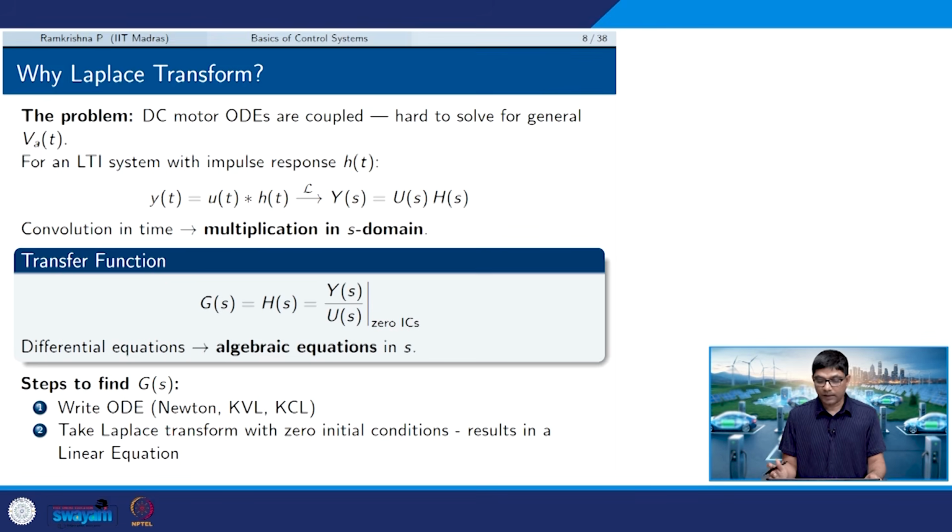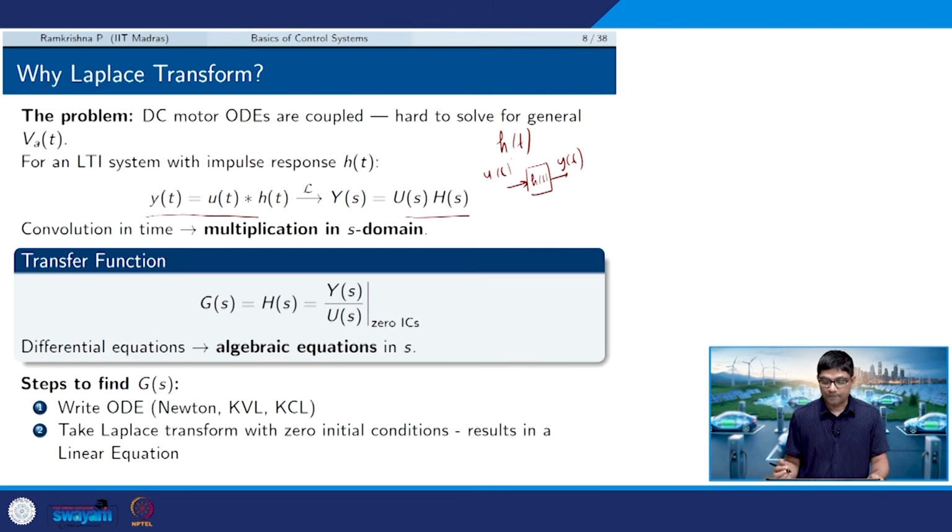If you look at a system, say h(t), in general, from the signals point of view, I have h(t), the input as u(t), and the output y(t). Now y(t) is usually represented by a convolution integral. Again, the integral is not very easy to solve. So, what we see is that with the help of Laplace transforms, the convolution simply becomes a multiplication.